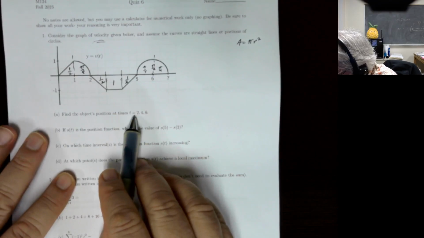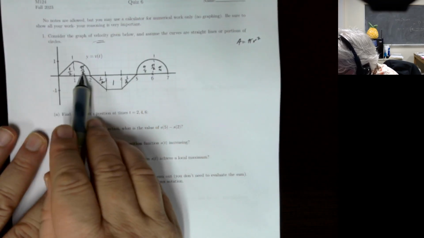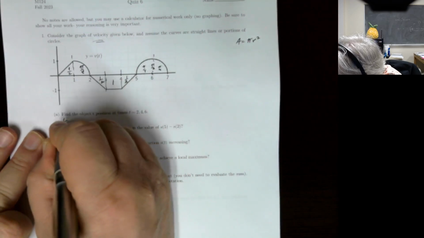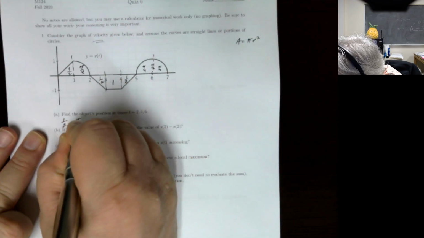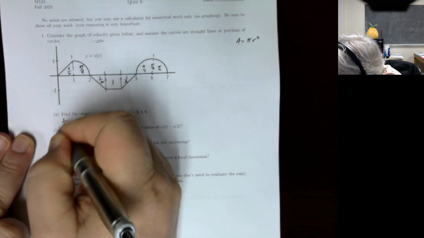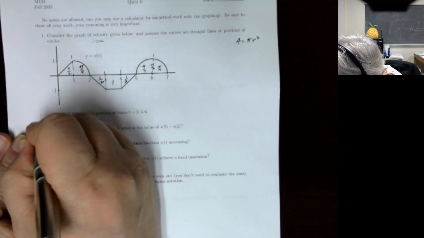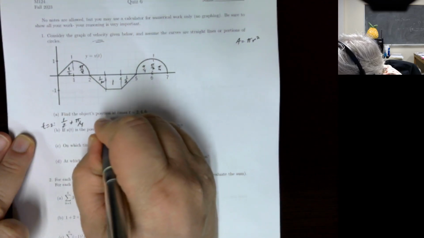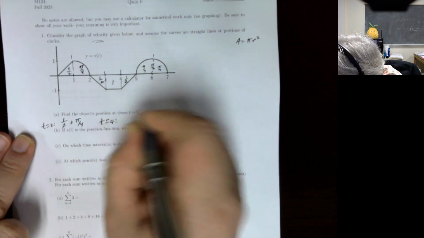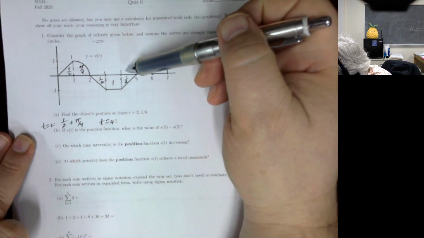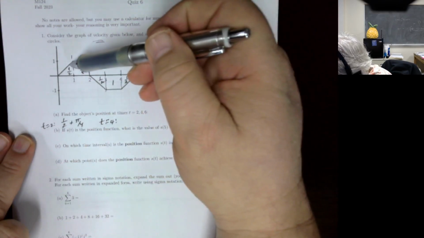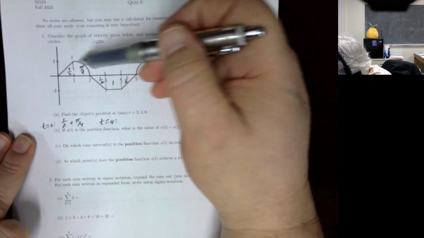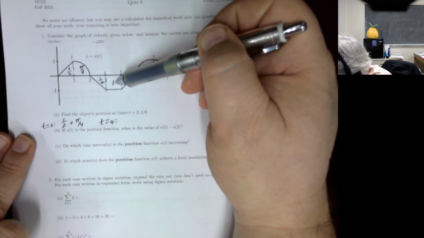At time 2, the area or the distance traveled is 1/2 plus pi over 4. So that's going to be our position at time 2, our distance for time 2. Good. How about at time 4? At time 4, the position function is going to be pi over 4 plus 1/2 minus 1/2 minus 1.